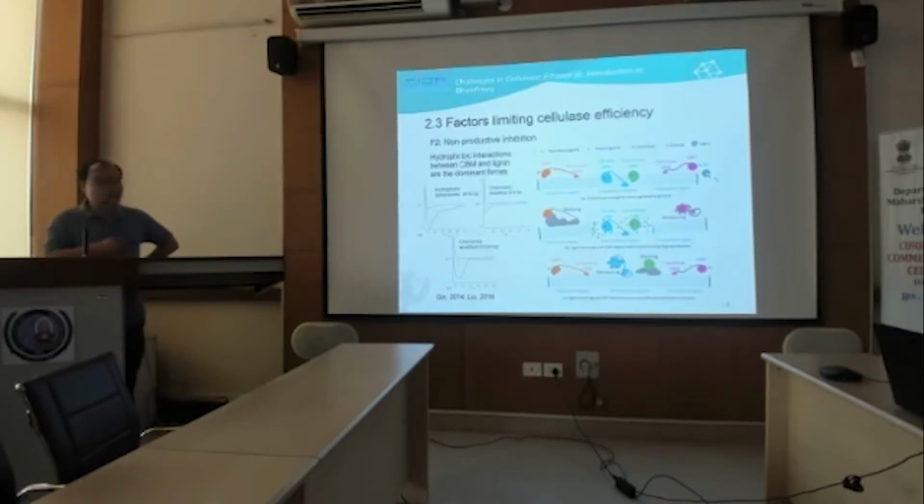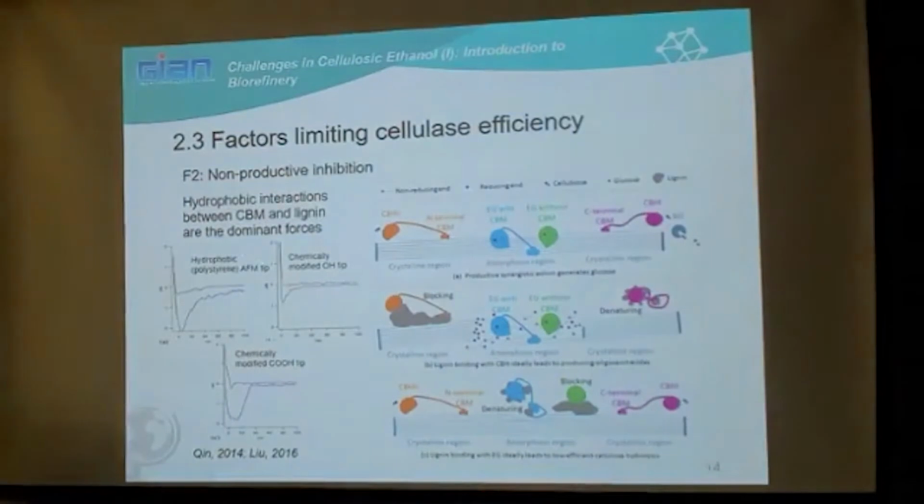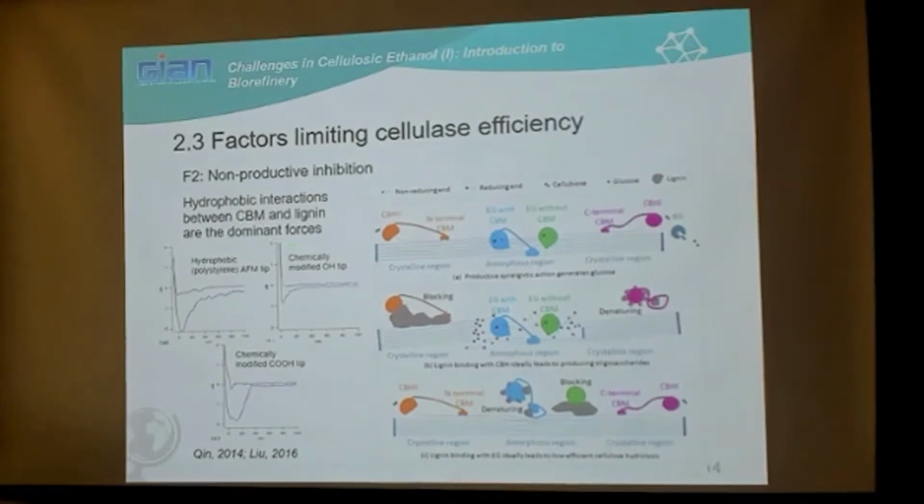They can directly detect the three kinds of forces using AFM, using modified AFM. This team obtained very good results and has proved that the hydrophobic force is a major force between the lignin and the cellulase CBM. CBM is the cellulose binding domain.